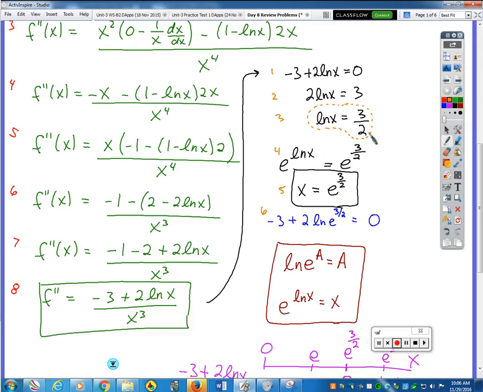If it wasn't ln of x equals 3 halves, it's like e to the 3 halves, then we just do the ln thing to both sides. Thank you. Here's what Oakley's remembering from a different class.